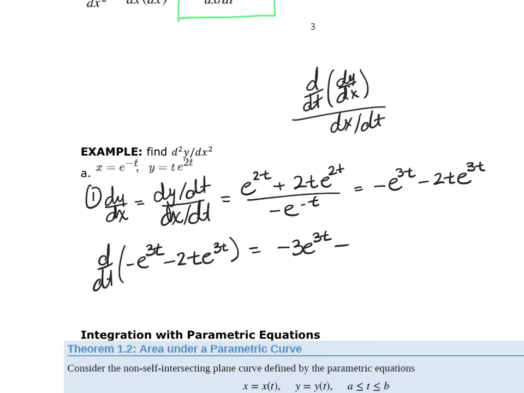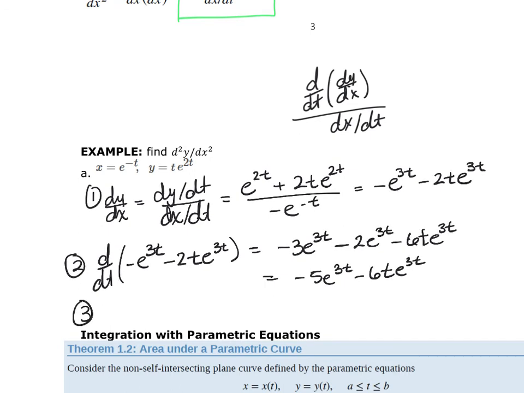Now I'm going to have to do the product rule, and so the derivative of negative 2t is just negative 2e to the 3t, and then the derivative of the e to the 3t is going to give me negative 6te raised to the 3t. Now I can combine some of these terms and I get negative 5e raised to the 3t and negative 6te raised to the 3t. So that was my second step.